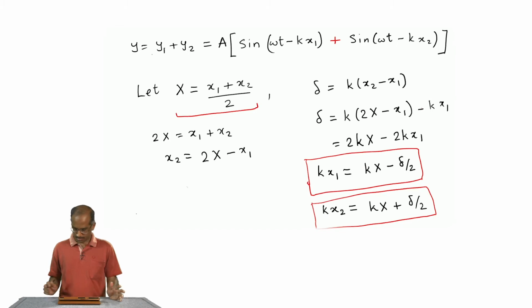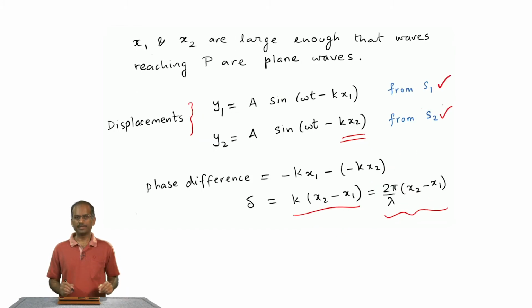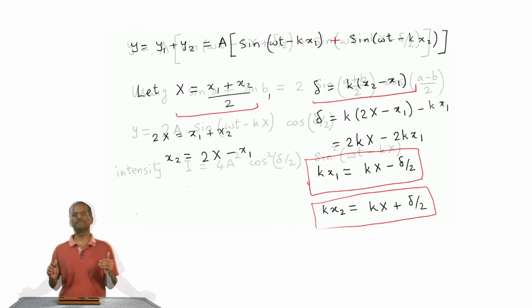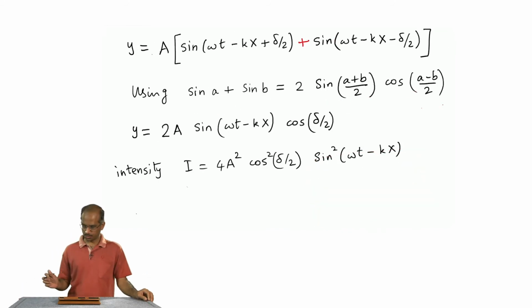And also I have already defined this delta in terms of k. So, that is another relation that I have here. So, I have two relations which connect x1 and x2 in terms of some new variables capital X and delta.